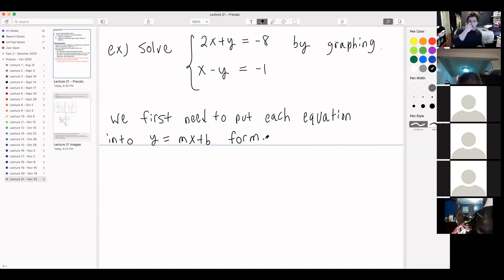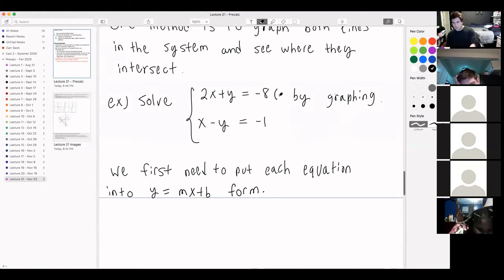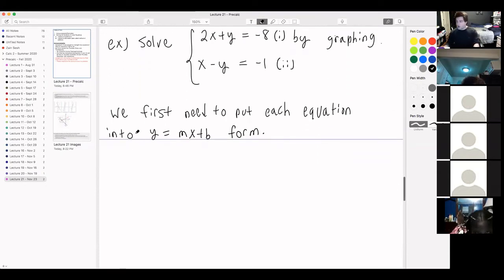Okay, and you will recall y equals mx plus b form has that alternate name of slope-intercept form. So this is not that bad. Again, I'm going to call this top one equation 1 and the bottom one equation 2. I'm going to do that on every single example. So let me deal with 1. Putting this into y equals mx plus b form is really just subtracting 2x from both sides.